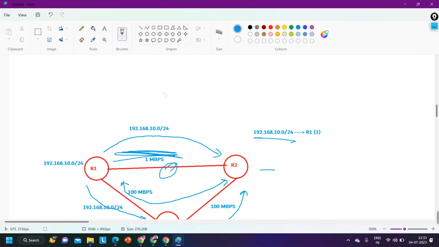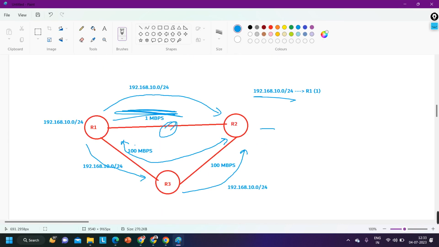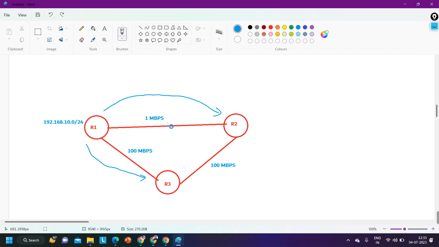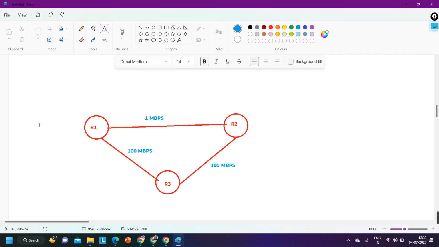Okay. After that, how can we prevent loops in advanced distance vector routing protocol? Let's say I have the same topology, router 1, router 2 and router 3. Again, router 1 has one network, 192.168.10.0/24.